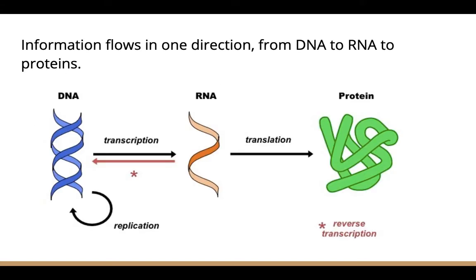Now, we already said that information moves in one direction, basically from DNA to RNA and then to proteins. Essentially, the information is all found in DNA. We know that DNA is like the blueprint.